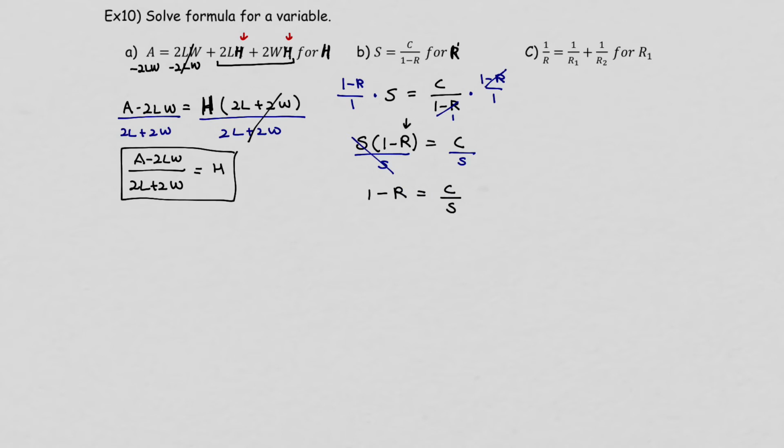And then subtract 1. I get negative r equals c over s minus 1. Let's multiply everything by negative 1 to make r positive. I get r equals 1 minus c over s.